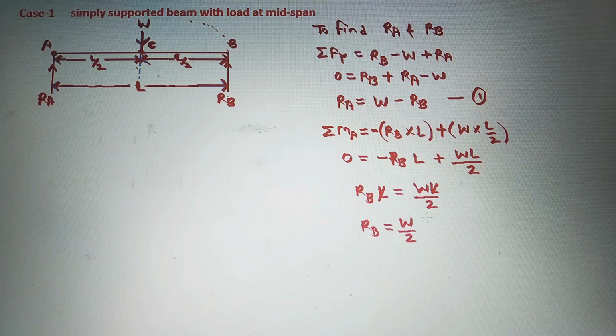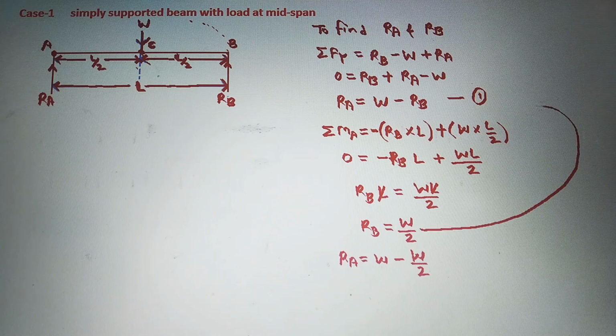Now if we substitute this RB is equal to W by 2 in equation 1, then we can write here RA is equal to W minus RB, which is W by 2. We are substituting RB is equal to W by 2 in equation 1. So we will write RA is equal to W minus W by 2.